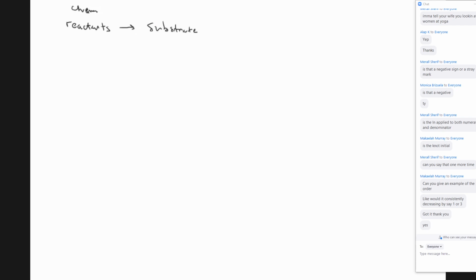And instead of calling it a catalyst, like what we've seen, inside the body, we call it an enzyme. And instead of calling it reaction rate, when we talk about kinetics inside the body, we call it velocity.